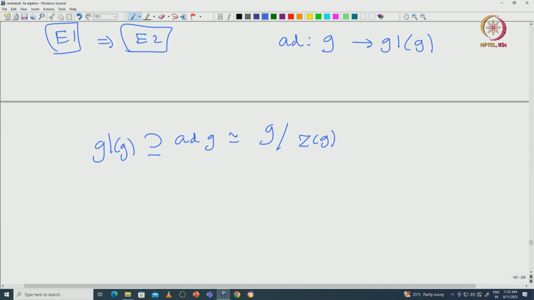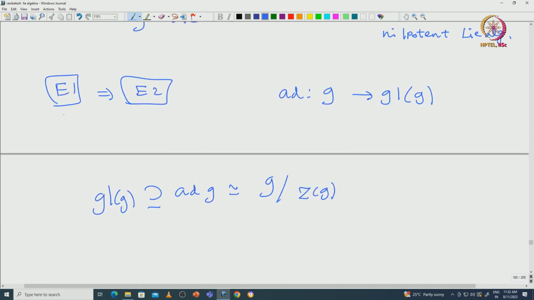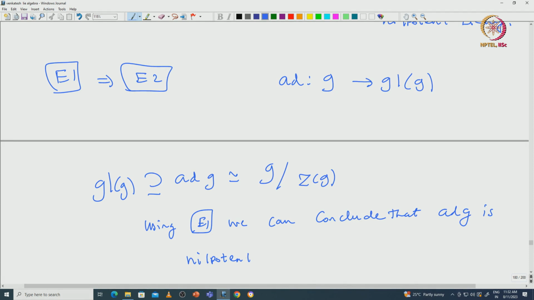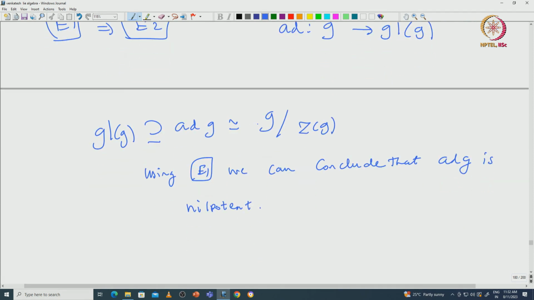So using E1 we can conclude that ad G is nilpotent. Since ad G is isomorphic to G modulo center G, that implies G modulo center G is nilpotent.